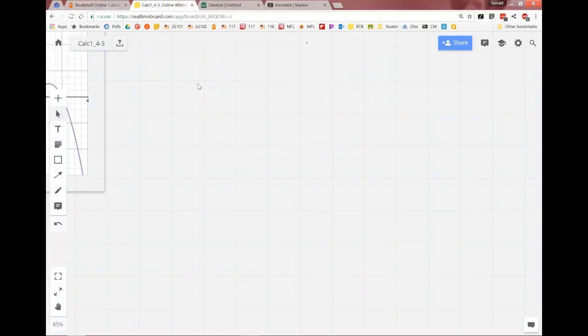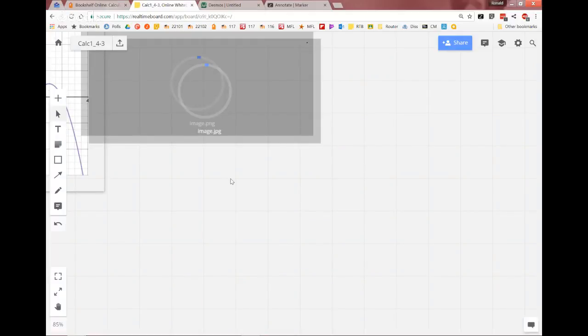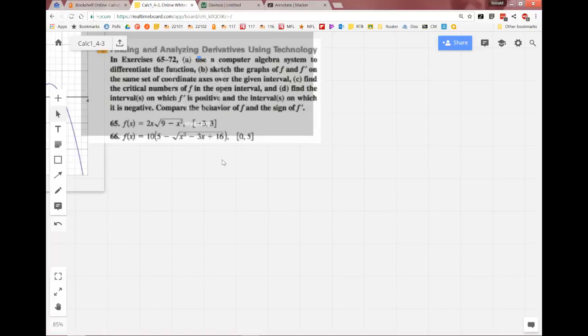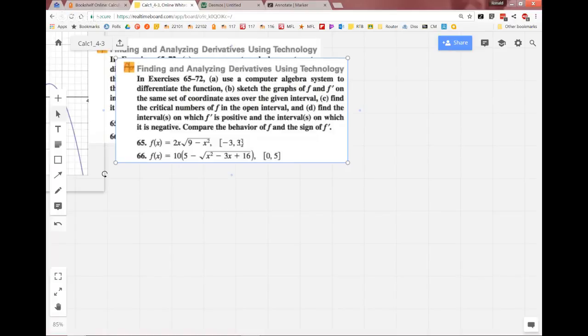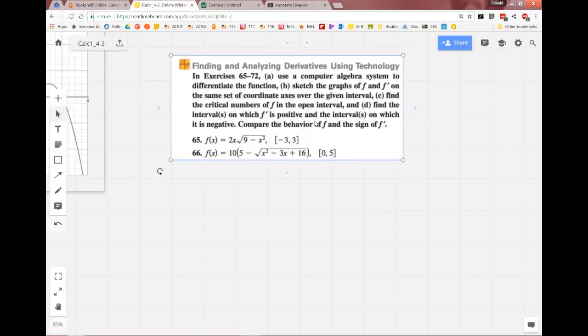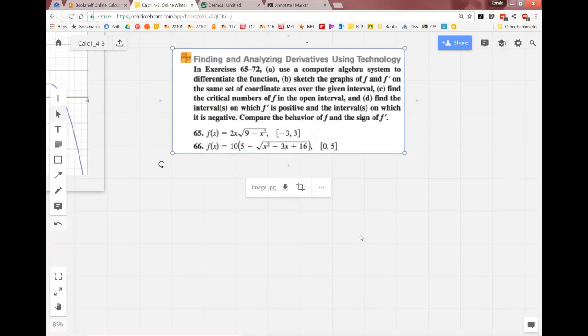Okay. Paste it in here. Okay, so now some of this, I have to admit, I haven't shown you how to take a derivative using Desmos, but anyway, I'll show you how to do it. All right, so 66 is the one we're doing.